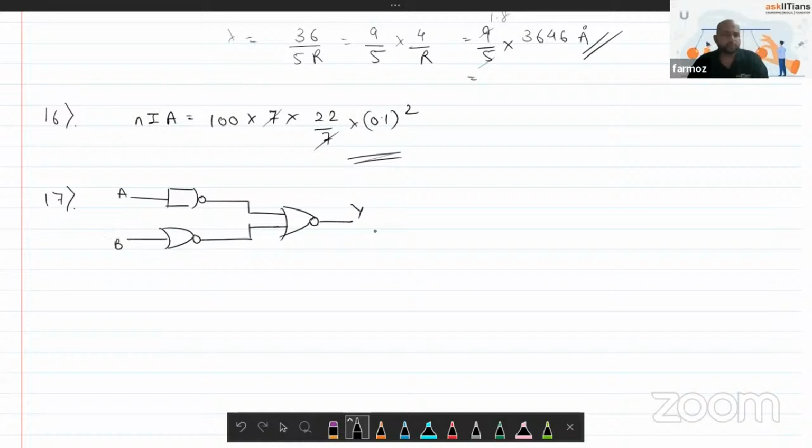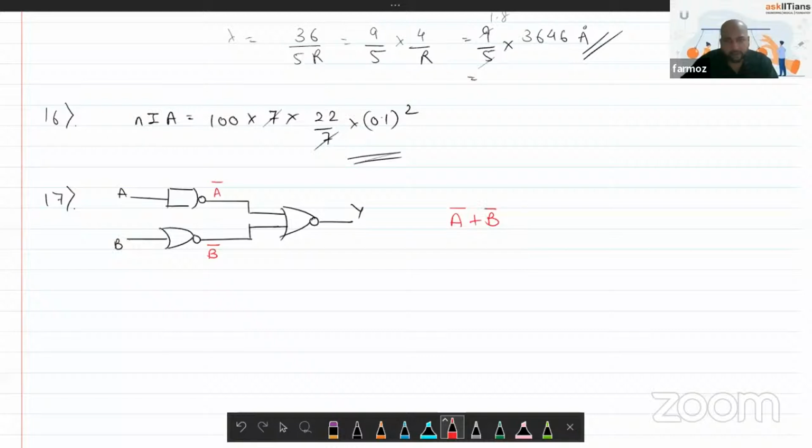So if you want to solve this question, either I can draw the table and then clarify which is the gate, or I can use the concept of Boolean algebra. Now when I'm talking about Boolean algebra, this is dot. So this over here becomes A bar. This over here becomes B bar. Now this is an OR gate. So what exactly does this signify? A bar plus B bar, and again there is a bubble over here.